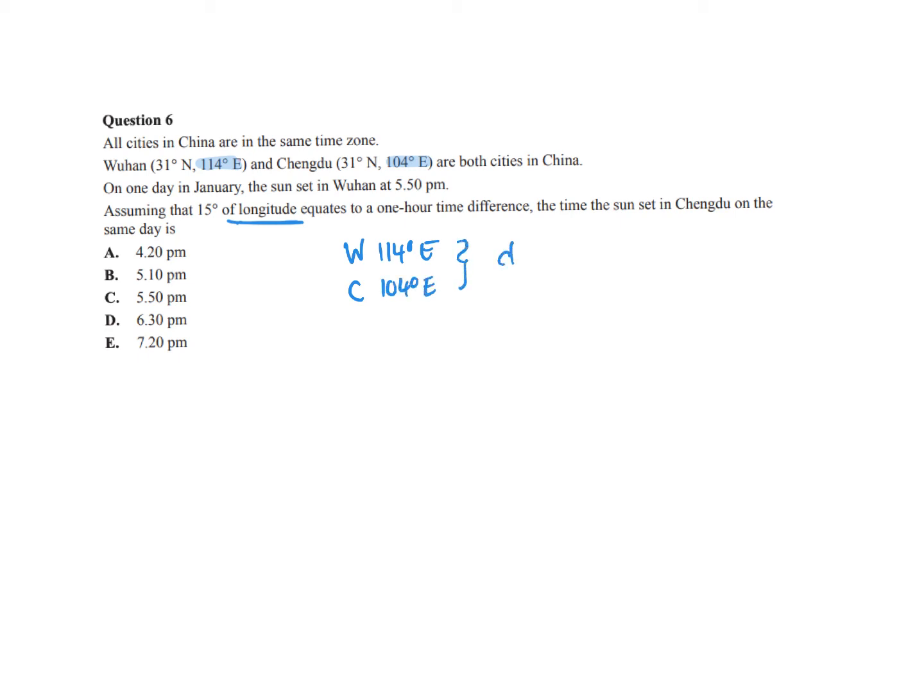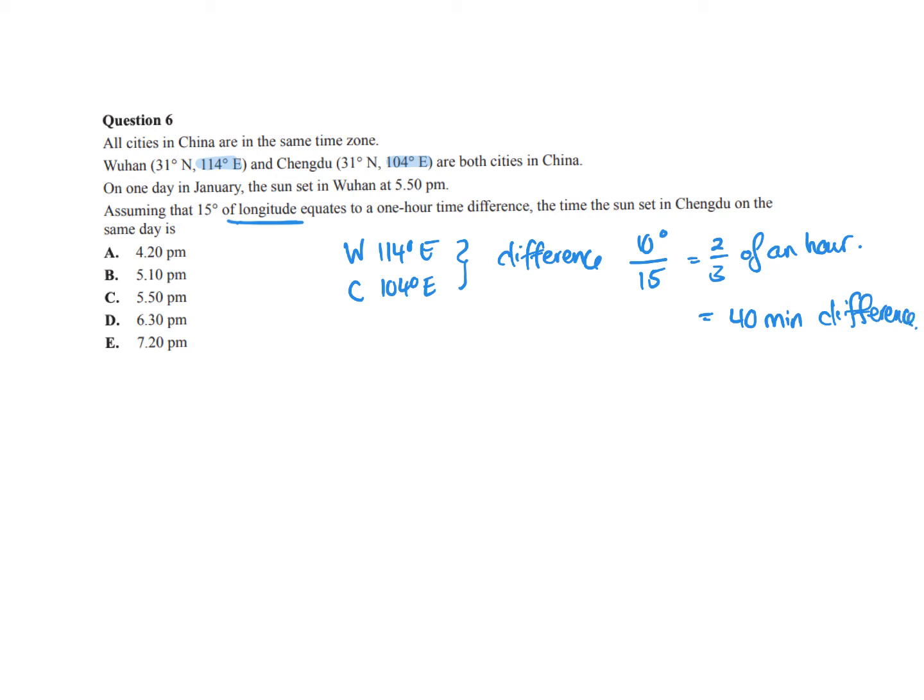So there's a difference of 10 degrees. If 15 degrees is 1 hour, then 10 out of 15 is 2/3 of an hour, and 2/3 of an hour is 40 minutes. You're happy with that? So that's a 40 minute difference in the sun setting.